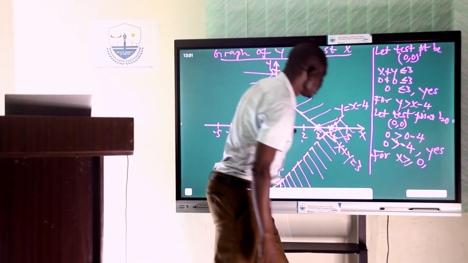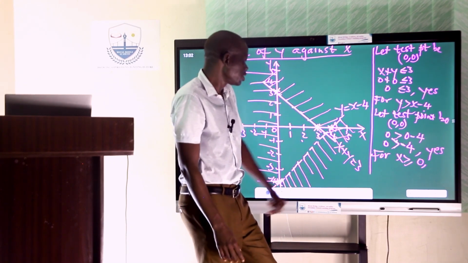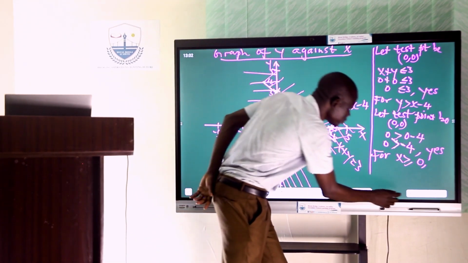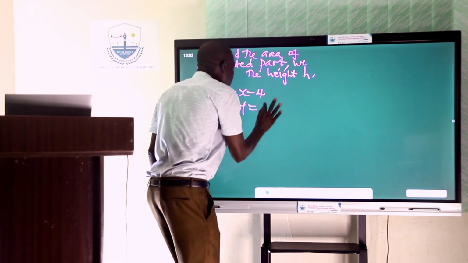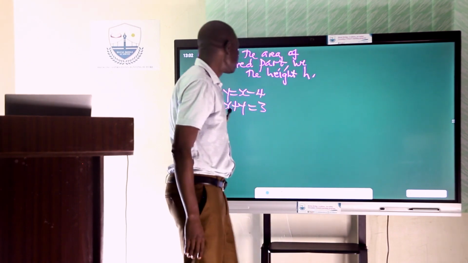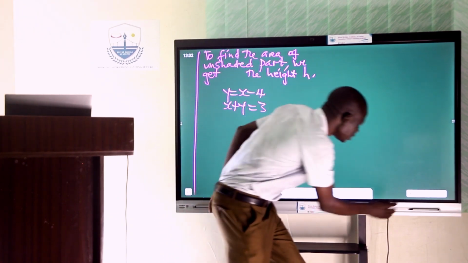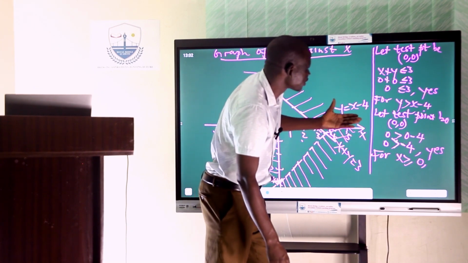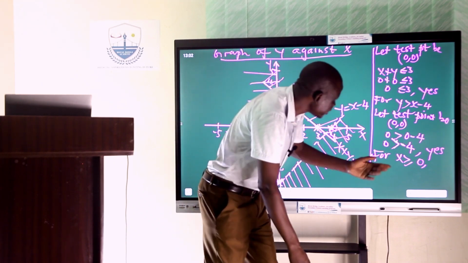Then the other equation is x plus y is equal to 3. So we solve the two equations simultaneously. How do we solve them? We can use the method of elimination, or substitution, or any method.